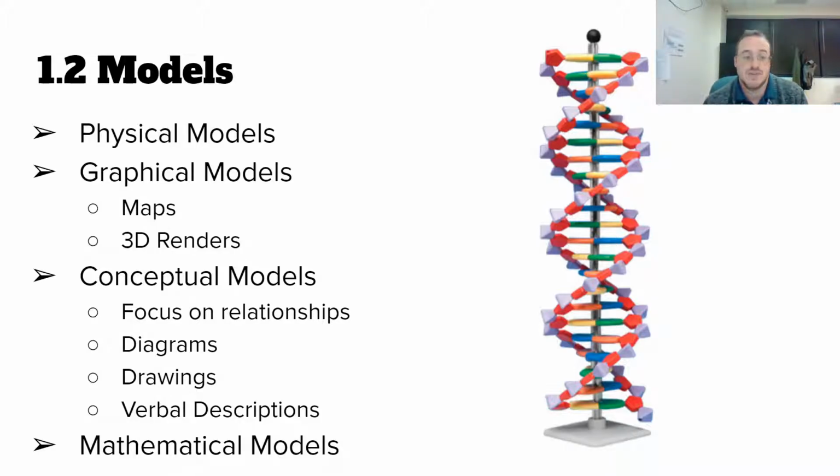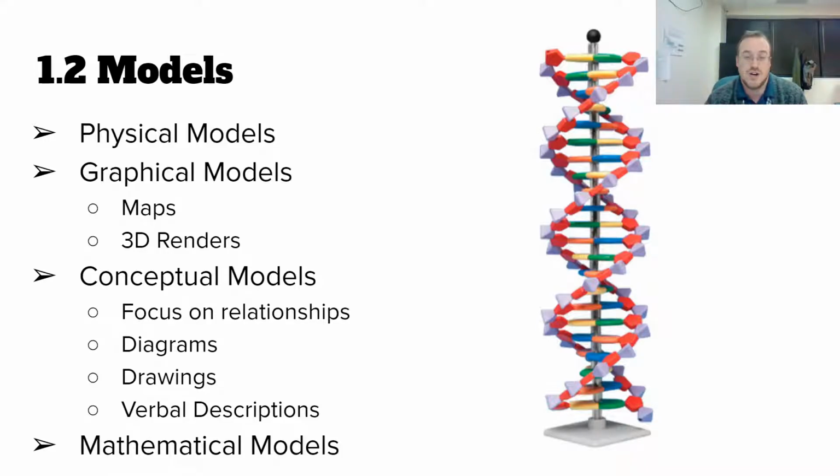Conceptual models, on the other hand, focus on relationships. These are usually done with diagrams or drawings, sometimes even just through verbal descriptions. Flowcharts and concept maps are all conceptual models. You might have seen a few of these in textbooks, and you'll be seeing a few examples of these in the coming months.